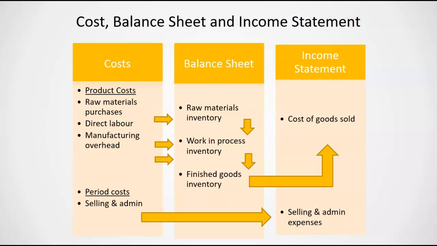Again, this is also an illustration of the link that exists between cost information, balance sheet information and income statement information. As you can see here, we have two types of costs. One is product cost. Product cost would be your raw material, direct labor and manufacturing overhead. And we also have period cost, your selling and admin cost.